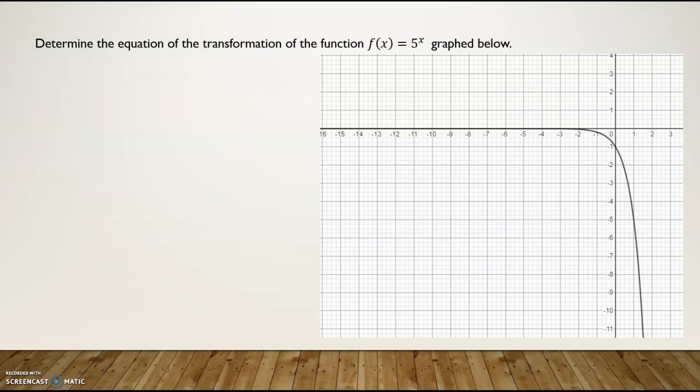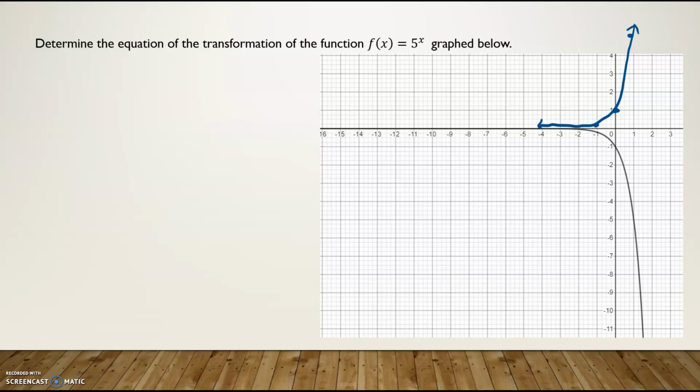Now let's look at this one right here. Again, we already have some numbers for the function 5 raised to x. We had negative 1, 1/5, so that's about right here. Then we had 0, 1 right here, and we had 1, 5. That goes off the chart, it's about here. And we had the y equals 0 asymptote again.